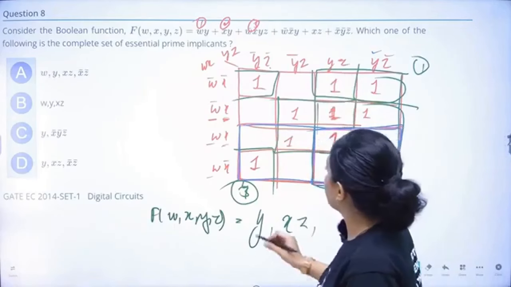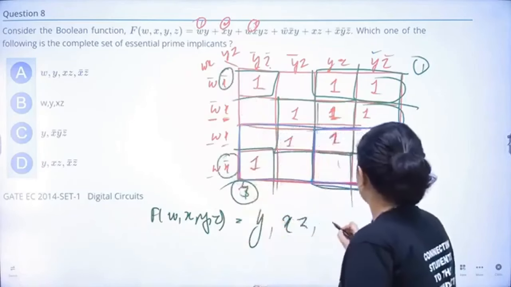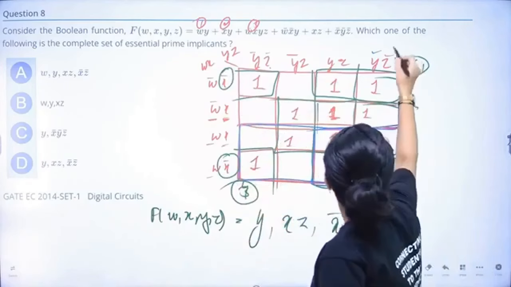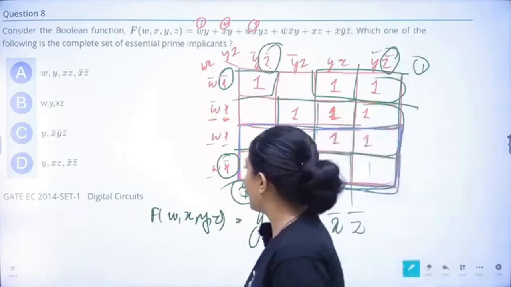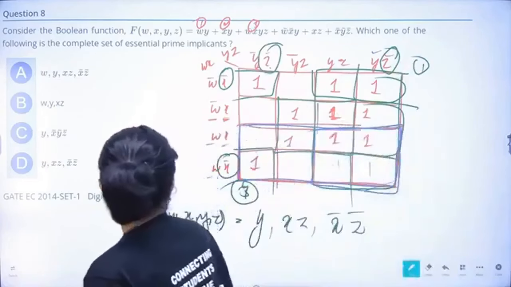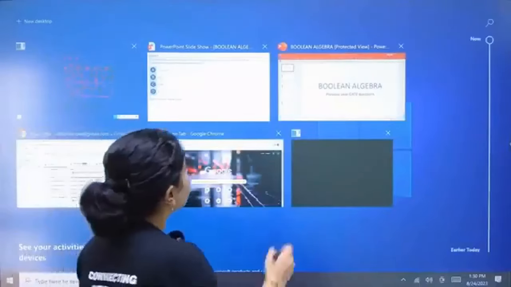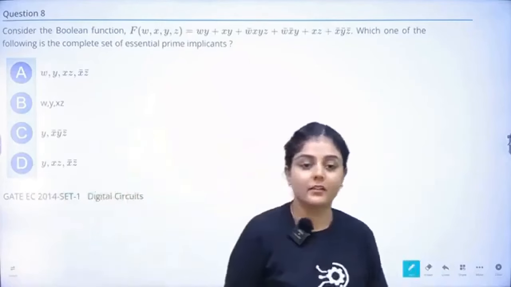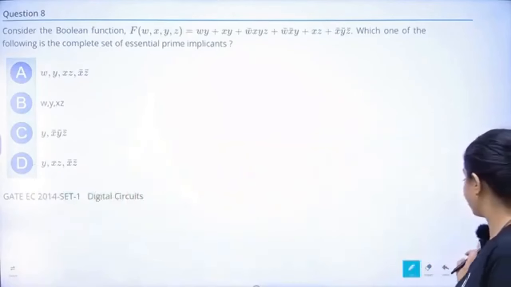The last quad, in the last quad X bar is common and Z bar is common. So that was our right option: Y, XZ, X bar Z bar.